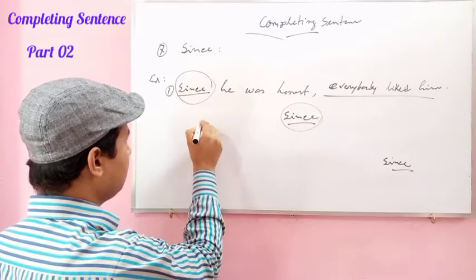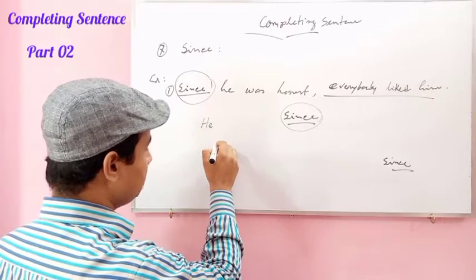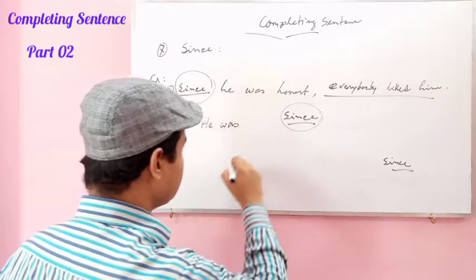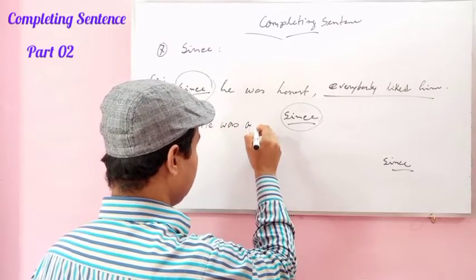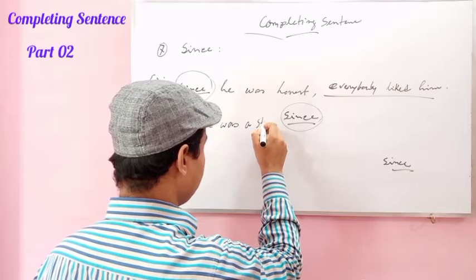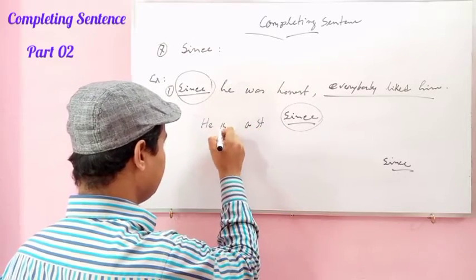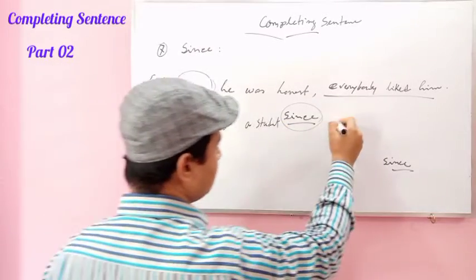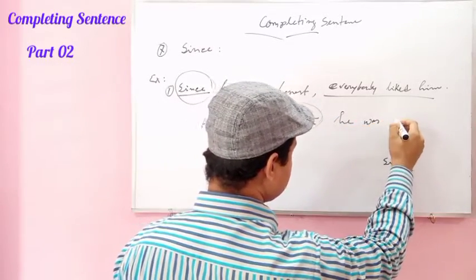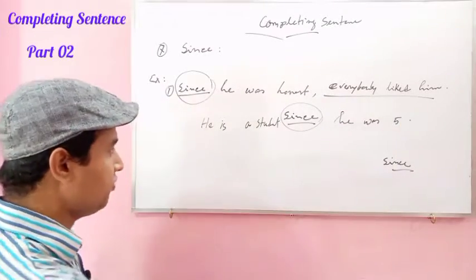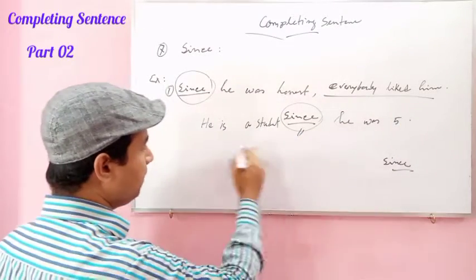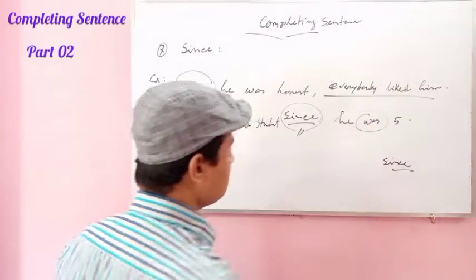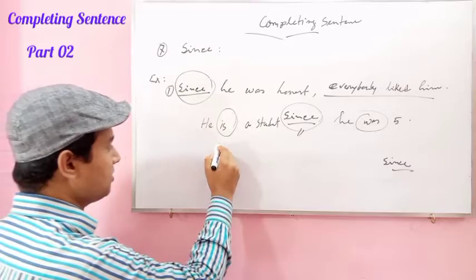When you find since in the middle, then you will give, for example, he is a student since he was 5. When since is used in the middle, please notice, the first clause is present indefinite and the clause after it is past indefinite.